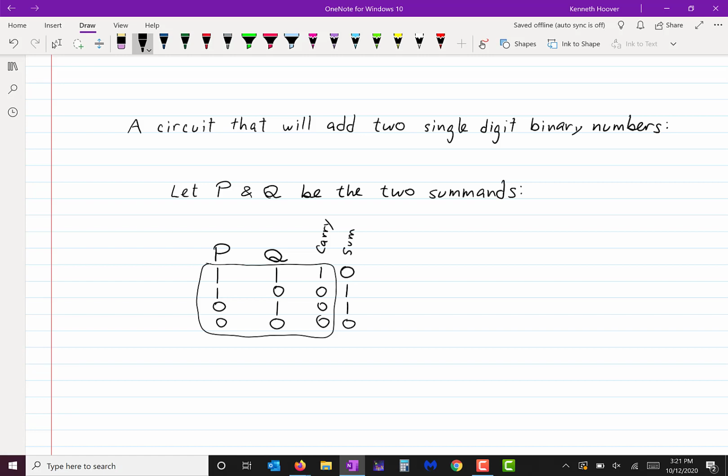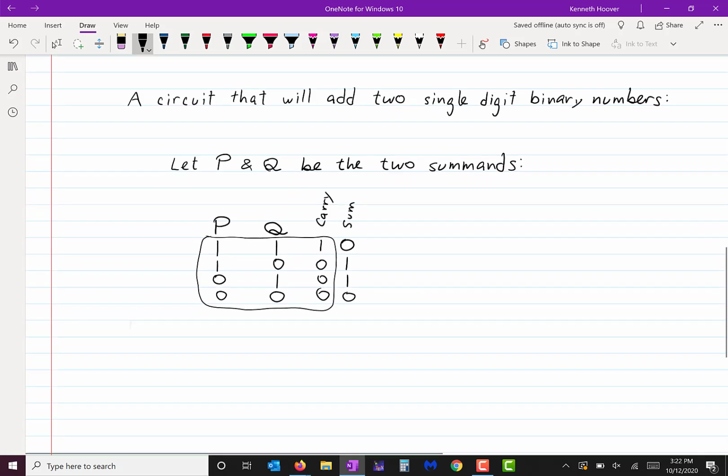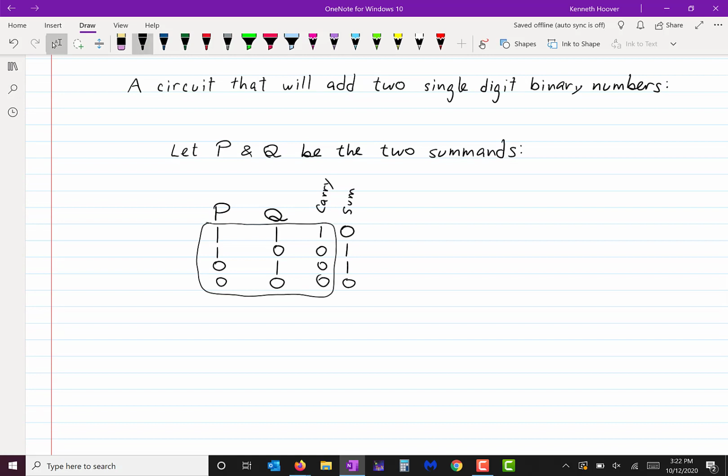If I replaced the word carry with P and Q, then that would fit perfectly, wouldn't it? So in other words, to calculate the carry, you run the two summands, P and Q, through an AND gate.